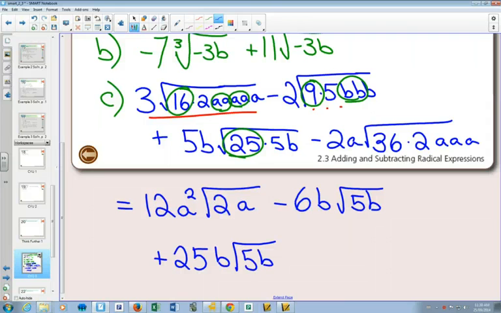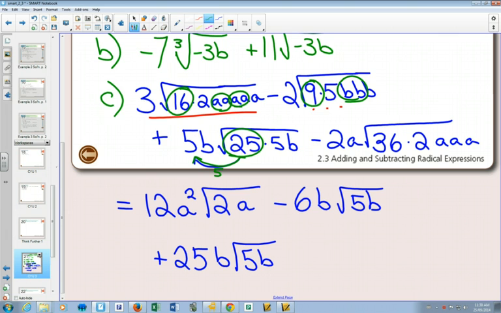Question? 25 times 5. When we bring this out in front, what is the square root of 25? It becomes a 5. And then that 5 gets multiplied by the 5 to become a 25. That's the place where you're going to really have to be careful, because you're going to see yourself making mental math errors when the number that you're pulling out in front.